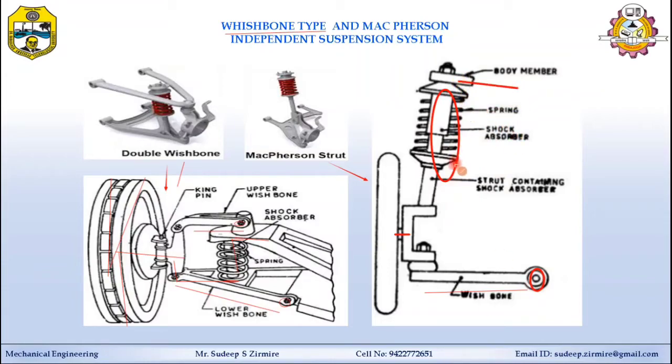This is the shock absorber spring, this is the strut containing the shock absorber, and here the stub axle. Only one lower wishbone is used in this case. Here is the rubber bush, it is bolted here to this stub axle knuckle joint.